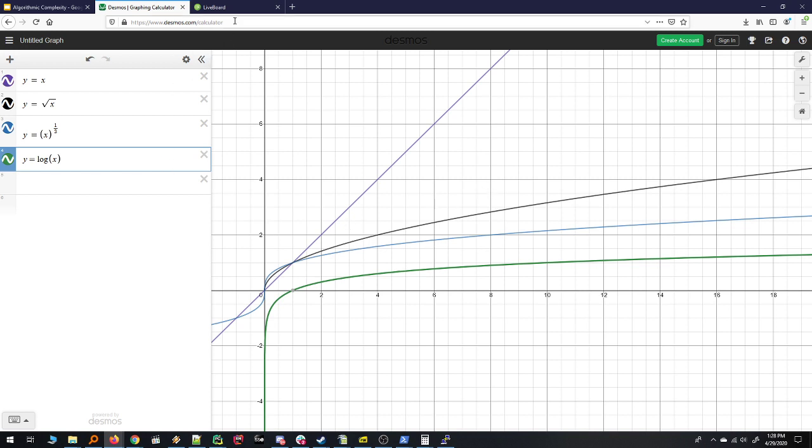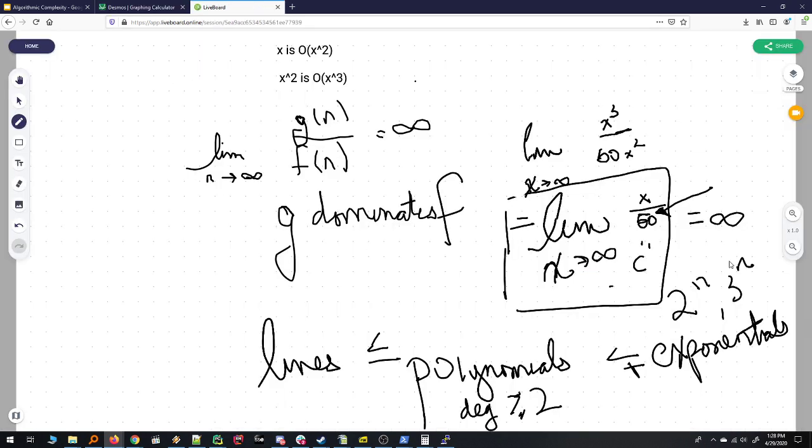So basically the way to say it is that here we got roots, and then here we got log. And log grows exponentially slowly. Yeah, that's so. And why does it grow exponentially slowly?